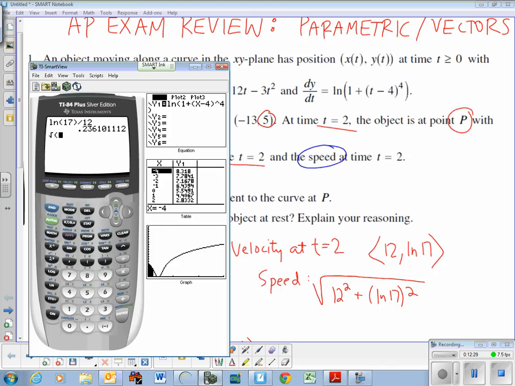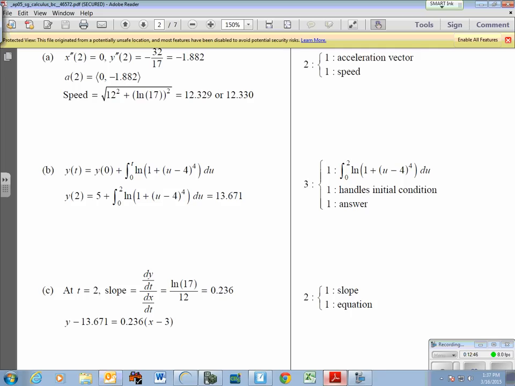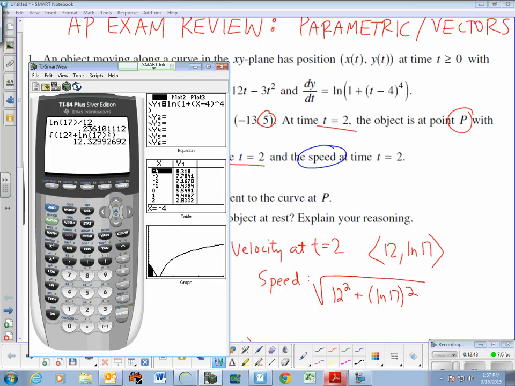So it's the square root of 12 squared plus natural log of 17, squared. So our speed should be 12.3299 or 12.330, and there it is up there, 12.330.